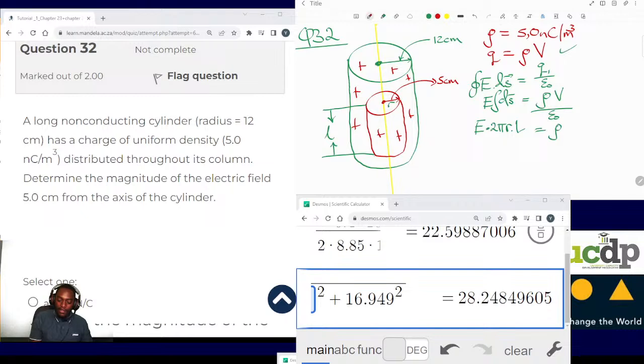Remember that volume is equal to area times the length, and our area is pi r squared. So volume is pi r squared L. You're just applying your mathematical knowledge, so it becomes rho pi r squared L over epsilon naught.